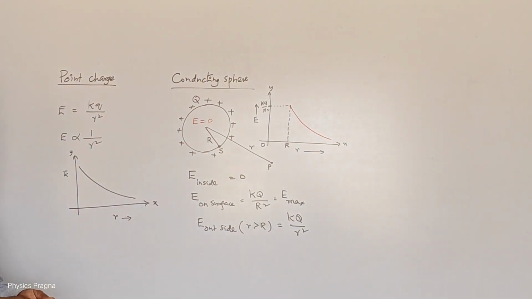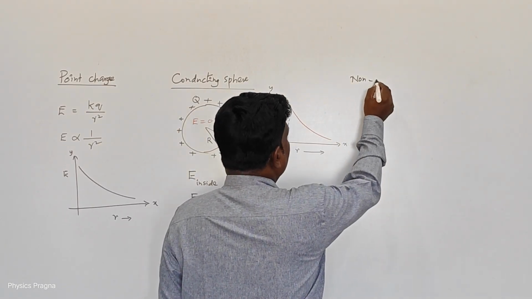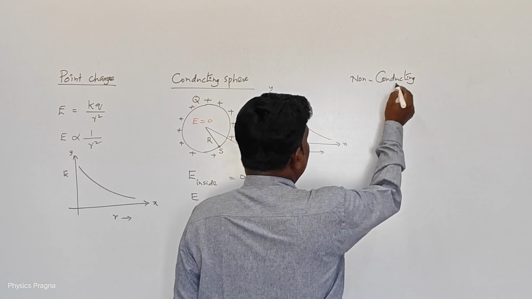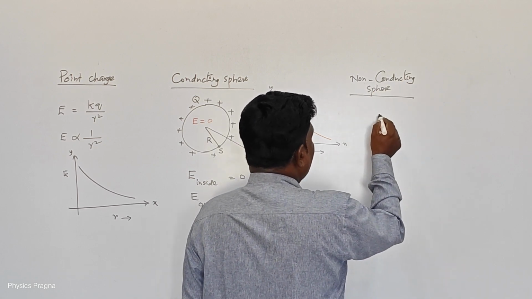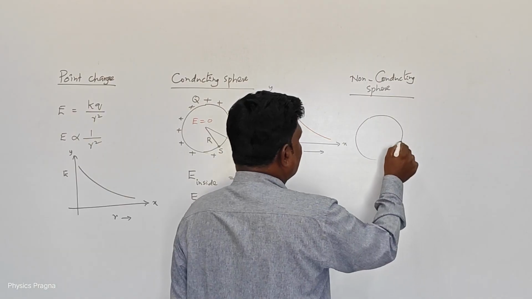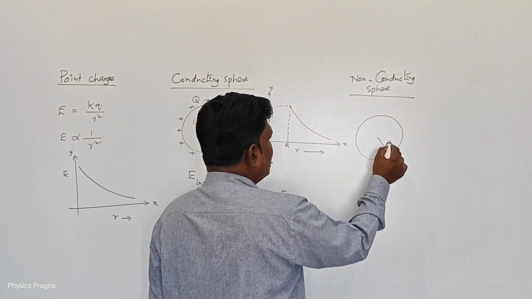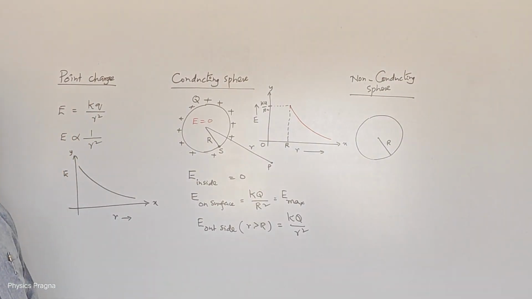Let us take a non-conducting sphere. So I have taken a sphere of radius r. This is a non-conducting sphere, an insulator, a bad conductor.